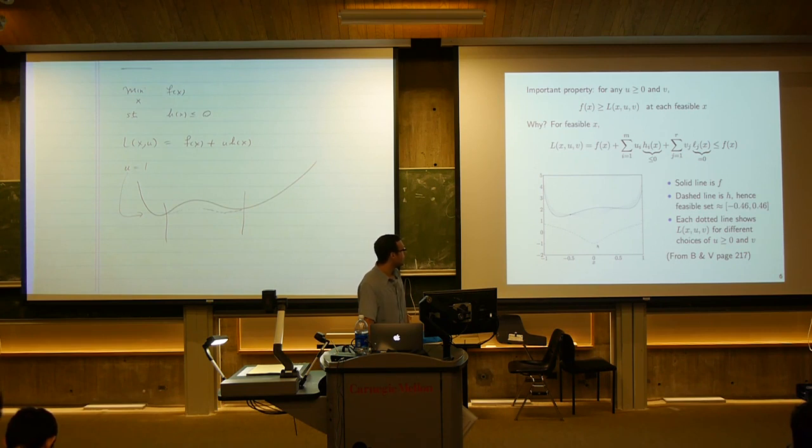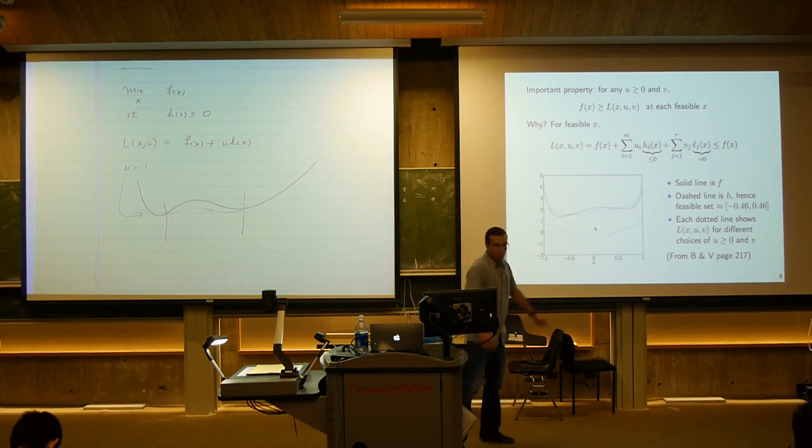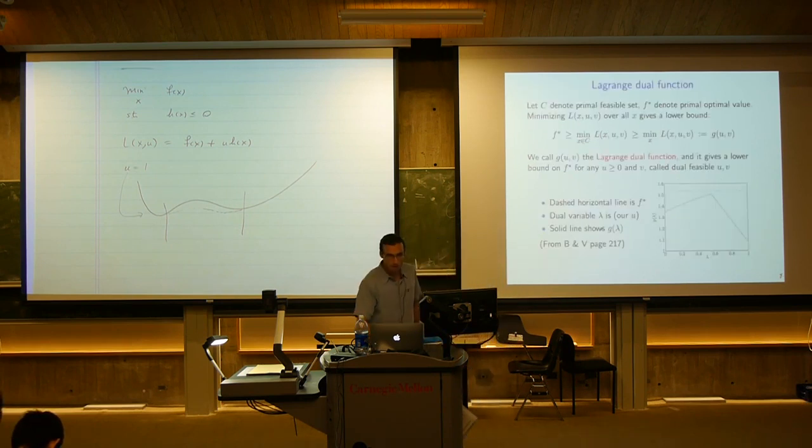And we defined the Lagrange dual function as the smallest value it possibly attained. That's what we're showing here. In the Boyd and Vandenberghe textbook, they call the dual variable lambda, it's just u here. This is what that looks like as a function of the single dual variable.